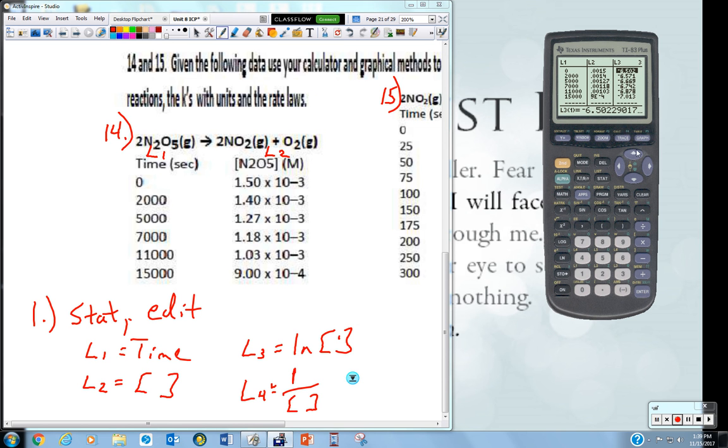And then for L4, make sure it's highlighting L4, and we're going to batch edit again. So that one will be 1 divided by L2 again. And then you get that number of 666.6666666666666. All right, very evil number, but that's okay.